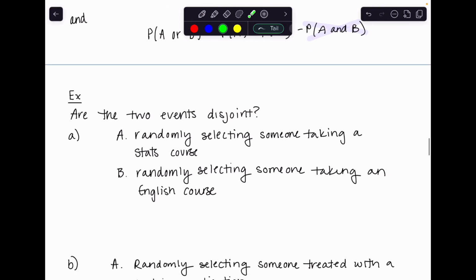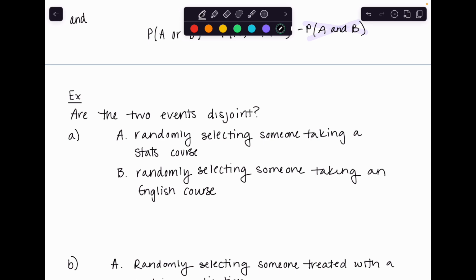Our first set of events: event A is randomly selecting someone taking a stats course. Event B is randomly selecting someone taking an English course. Is it possible for both of these events to happen at the same time?